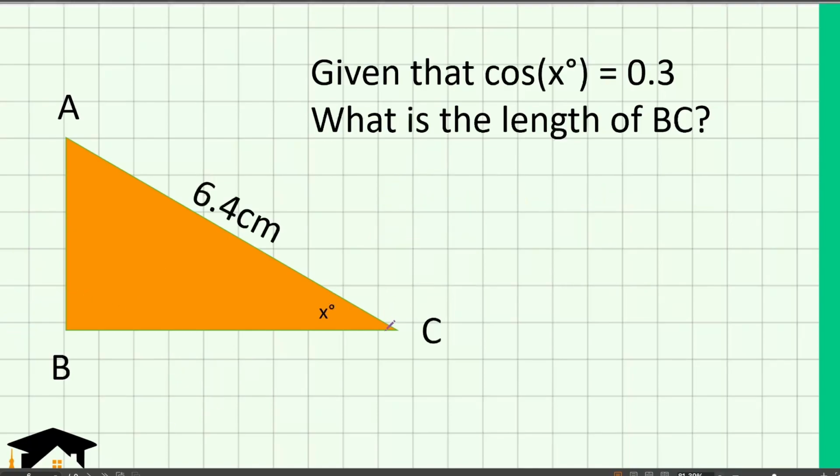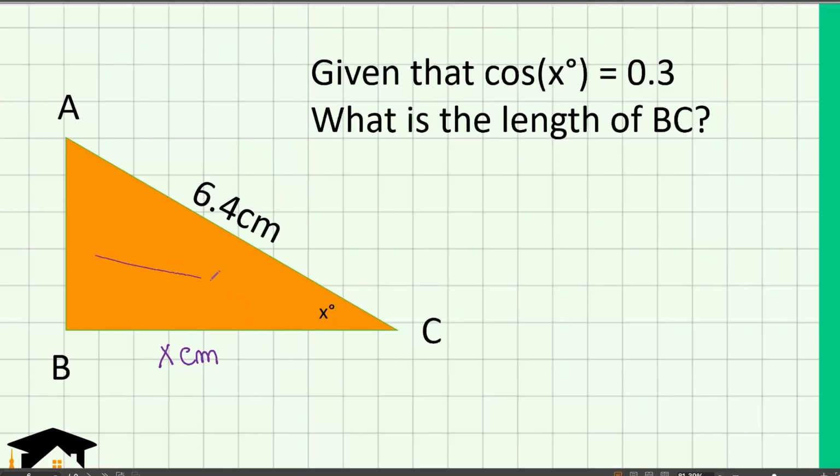Then we have this other very similar problem. We don't know the angle, but we know that the cosine of that angle is 0.3. And we're asked to calculate the length of BC. BC is this side here.